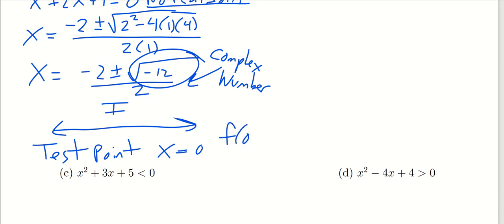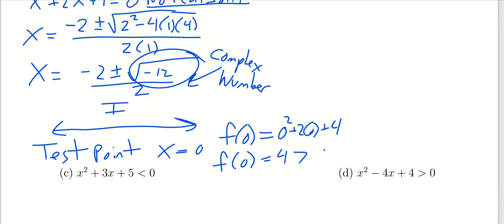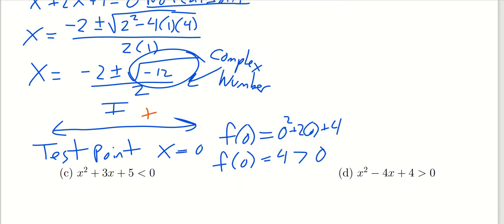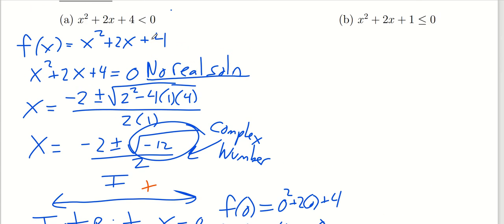If we evaluate the function at 0, f of 0 is going to be equal to 0 squared plus 2 times 0 plus 4. And so we get that f of 0 is 4, which is positive. So this function is always going to be positive. It's positive on the entire real number line.